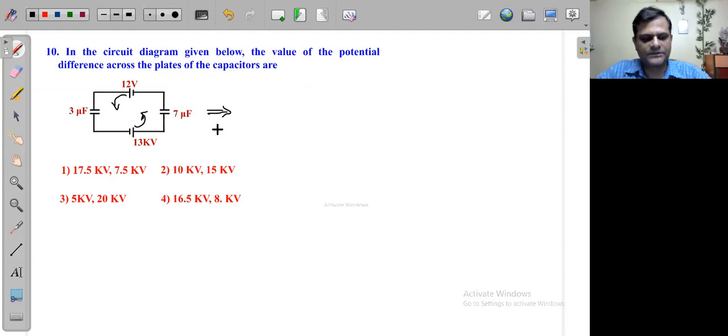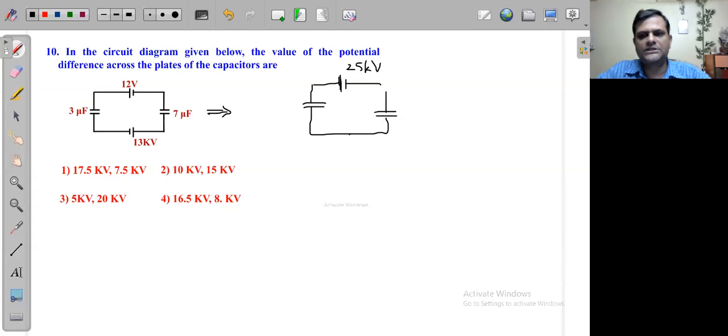So their EMFs will just get added up together, and that's why we can say that the total effective potential difference here in the circuit is going to be 25 kilovolt here. Okay, and this is connected to the capacitors which are going to be there in series like this.